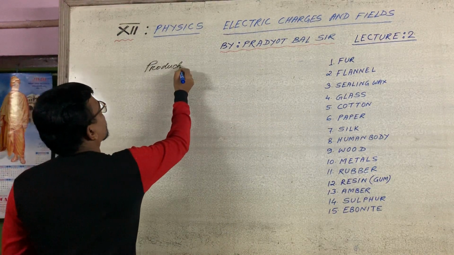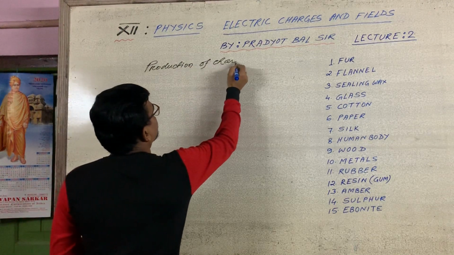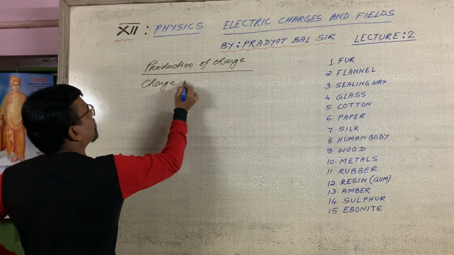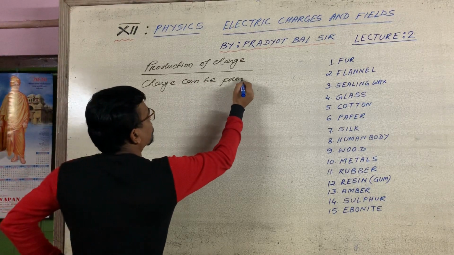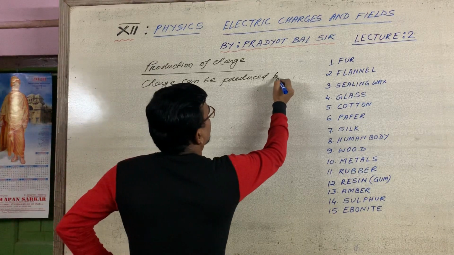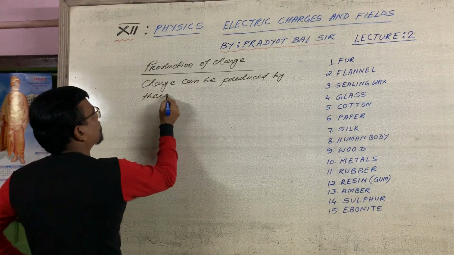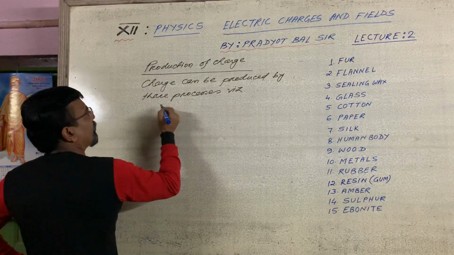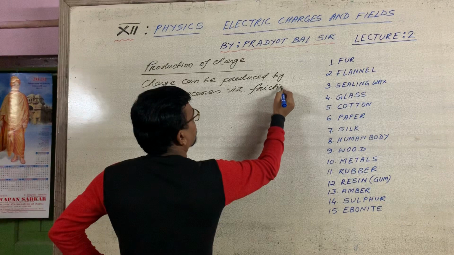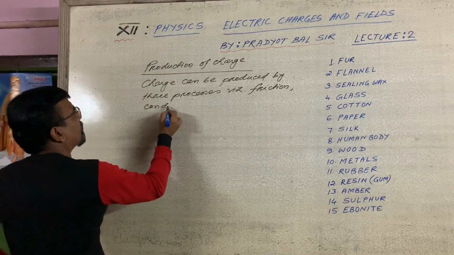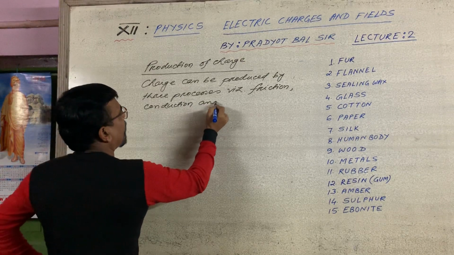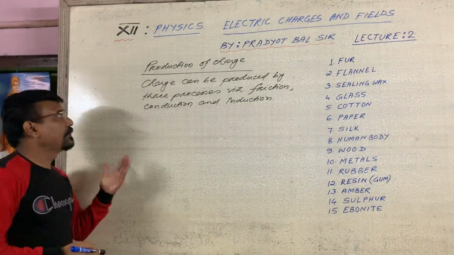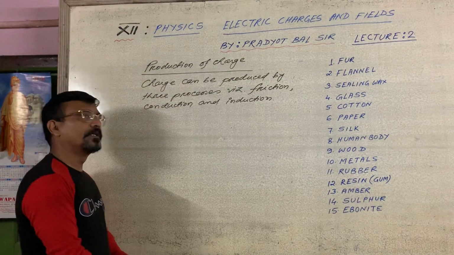Charge can be produced by three processes, namely friction, conduction and induction.